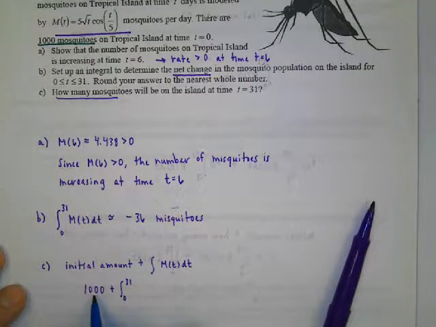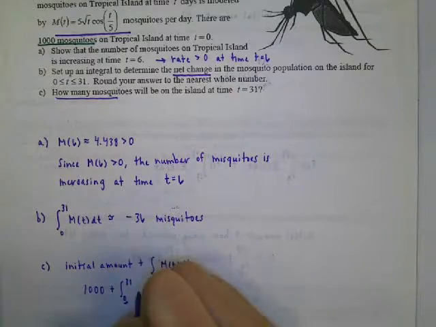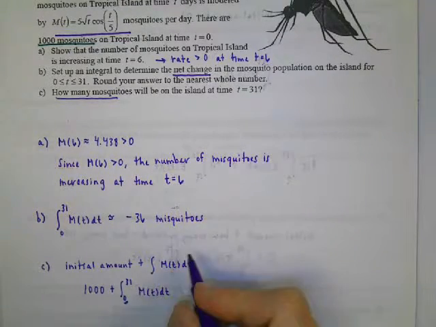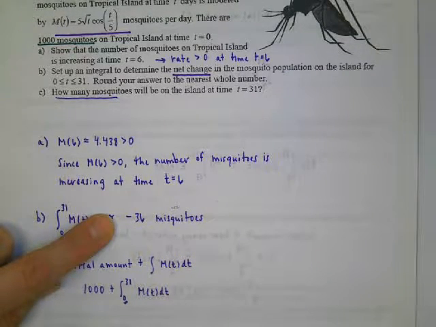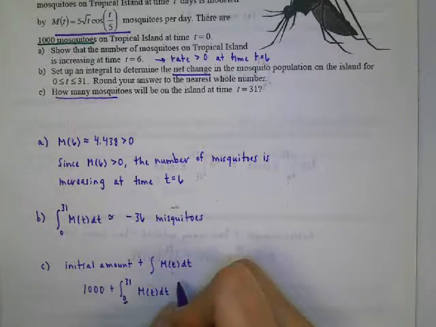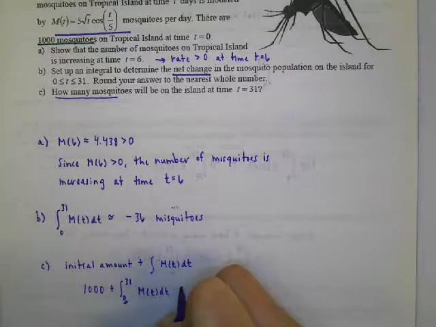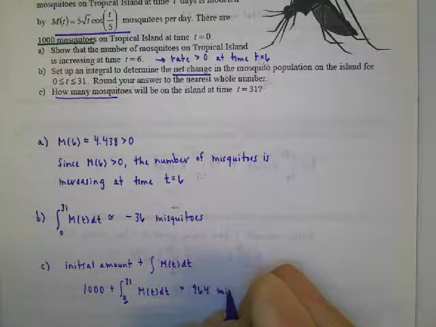Again, my initial amount was at time t equals 0, so my lower limit also needs to be 0. So the integral from 0 to 31 of M of t dt. Well, we already calculated this as negative 36, so we know the population is going to be 964 mosquitoes.